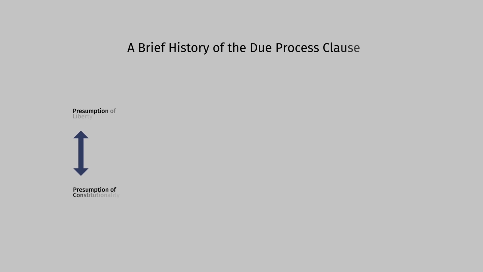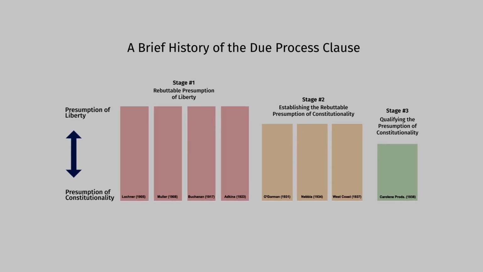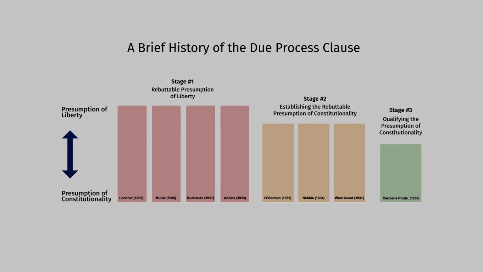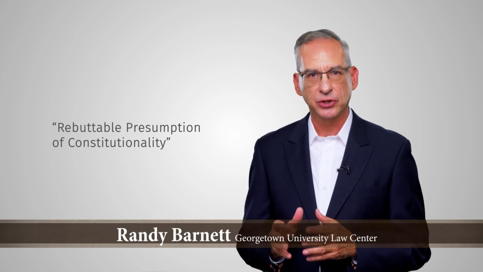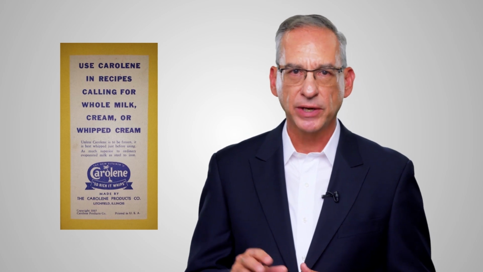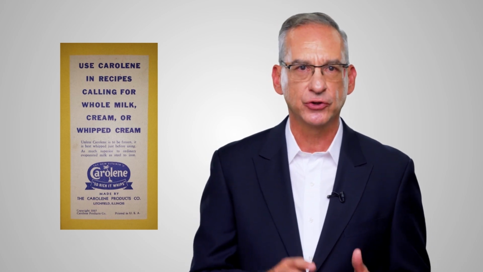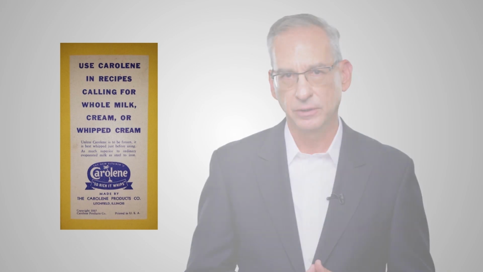Following the New Deal, the Supreme Court applied the presumption of constitutionality when reviewing state and federal legislation. This approach severely limited judicial scrutiny of laws that were challenged under the Due Process Clause. However, U.S. v. Carolene Products in 1938 recognized two ways for a challenger to obtain meaningful judicial scrutiny of a law's constitutionality.